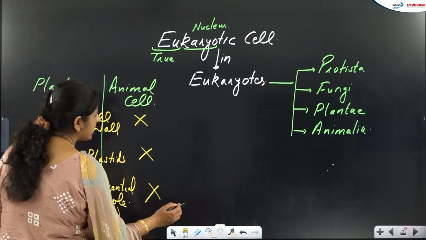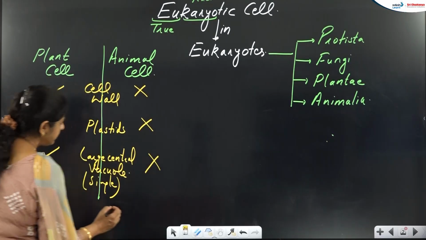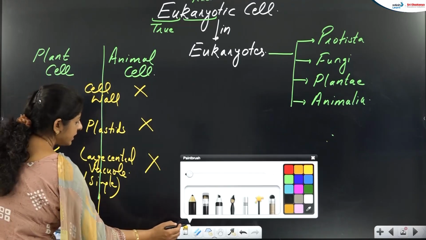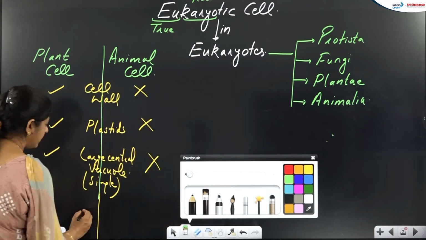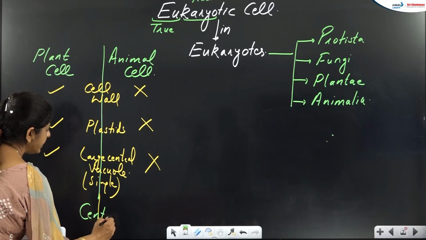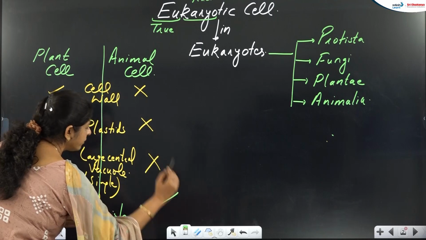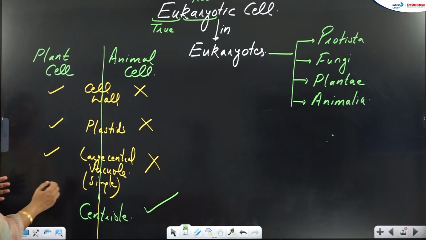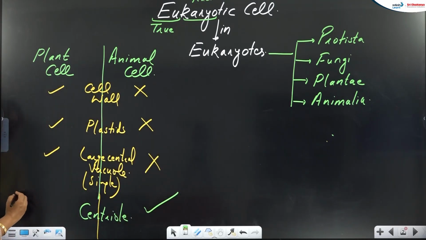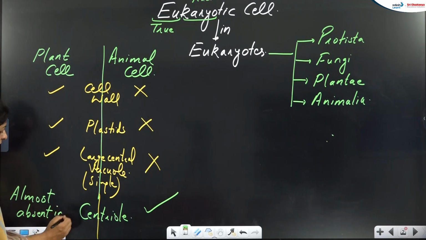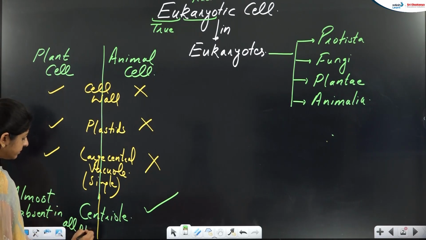Next important difference is that of centrioles. Centriole is present in case of animal cell, whereas in plant cell it is almost absent in all plant cells.